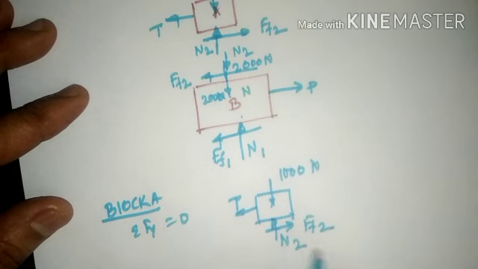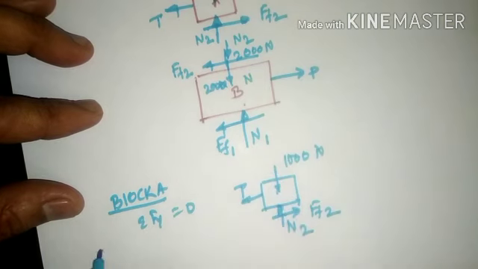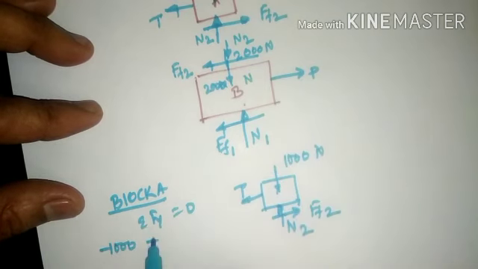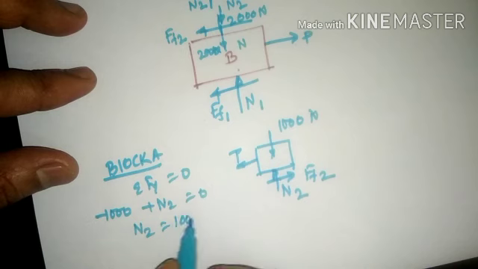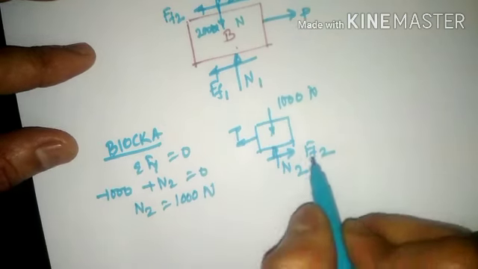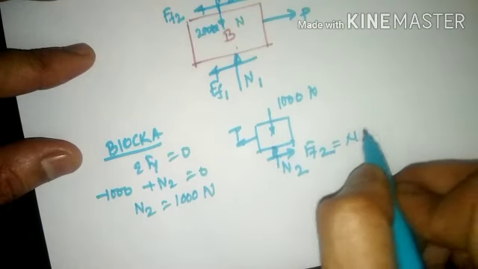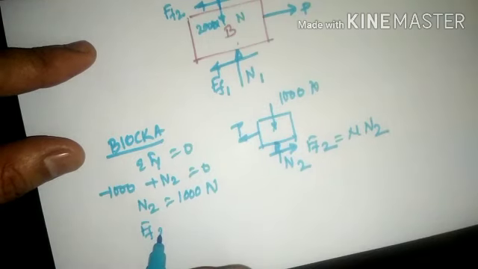Frictional force F of F2 is towards the right-hand side. N2 is applied upward. So if I apply the equations of equilibrium here, minus 1000 because it is downward, plus N2, that is equal to 0. So N2 will come out to 1000 Newton. There is a relationship between F of F2 and N2: F of F2 is equal to mu times N2.